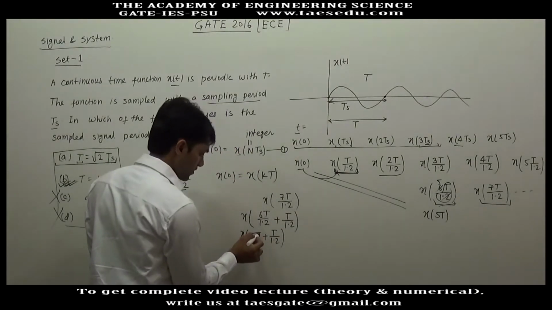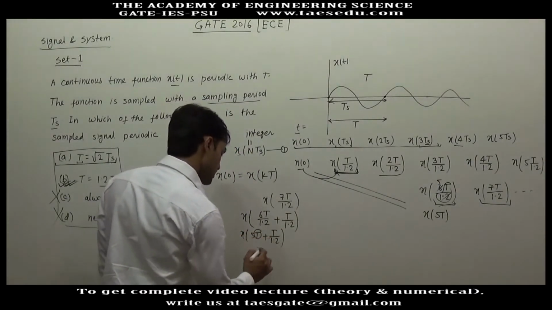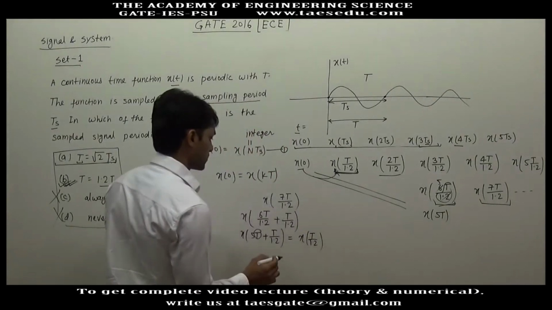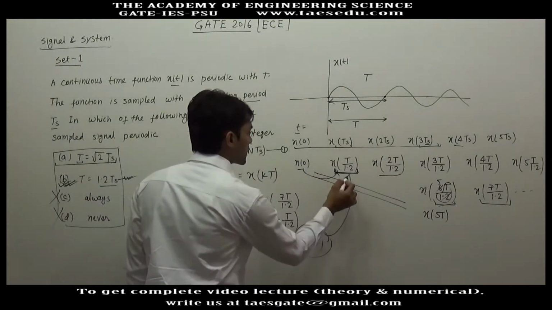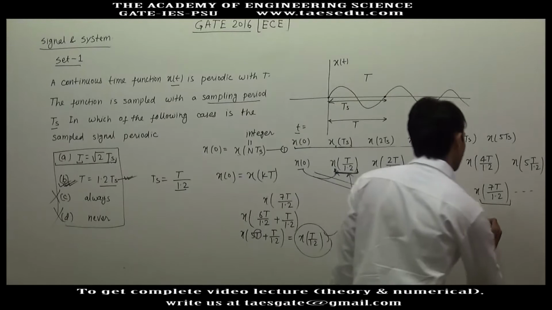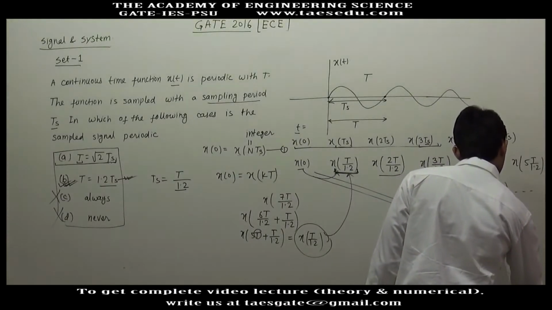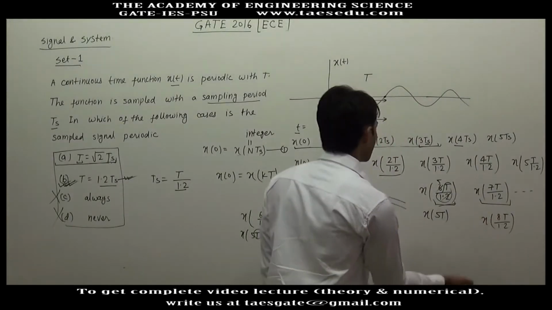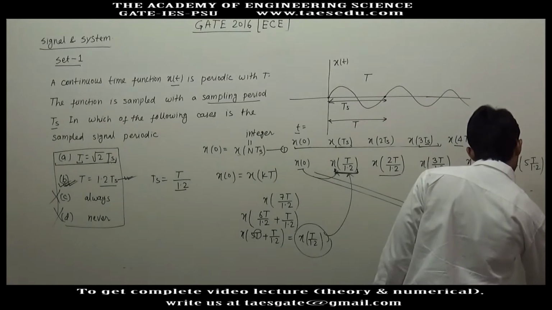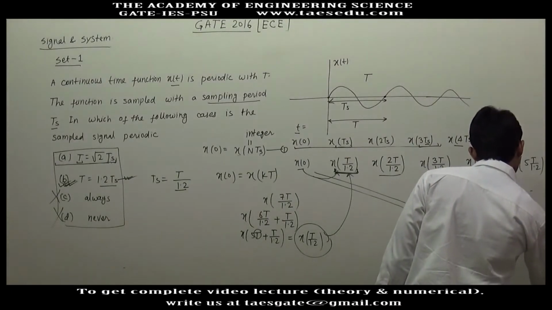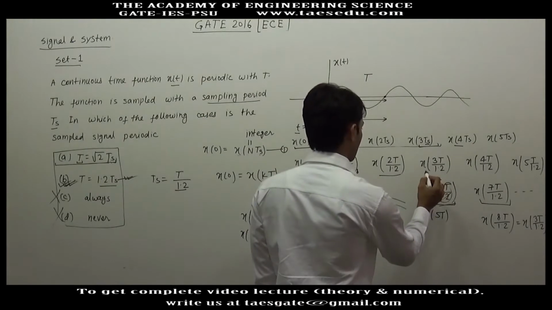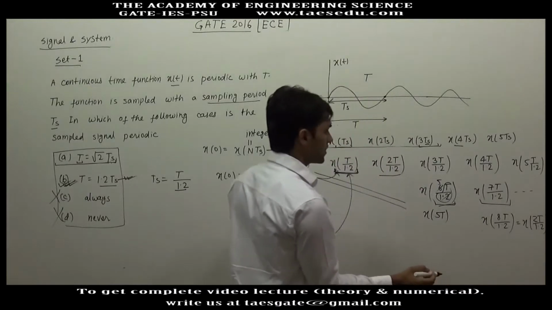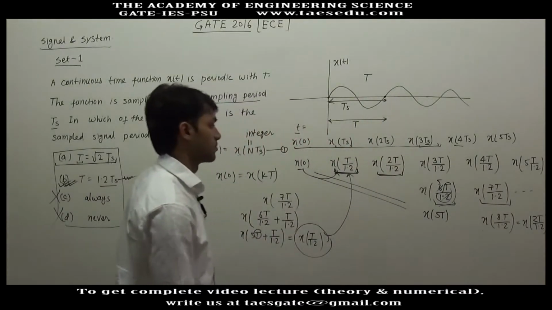If it is periodic with T, then x of 5T plus T divided by 1.2 will be x of T divided by 1.2. So this is equal to the second sample. Similarly, if you check the 8th sample, taking 6T divided by 1.2 out, this is equal to x of 2T divided by 1.2, the third sample.